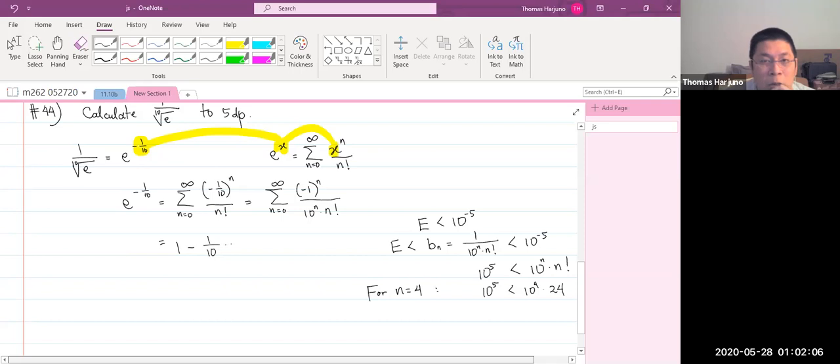When n equals 2, that's 1 over 200. When n equals 3, that would be negative 1 over 6,000. And when n equals 4, plus 1 over 240,000. That's all you need.